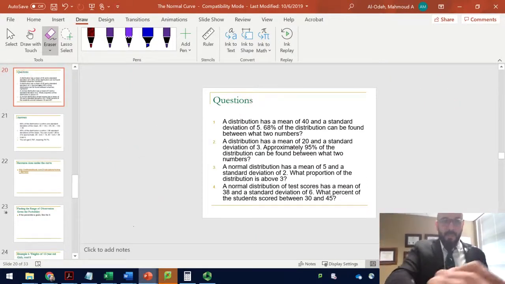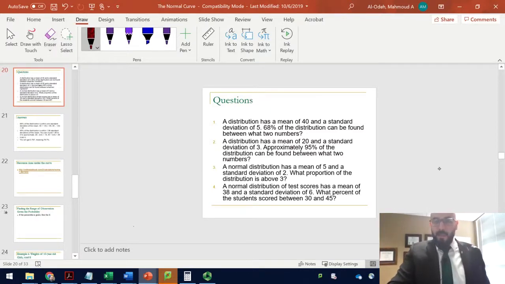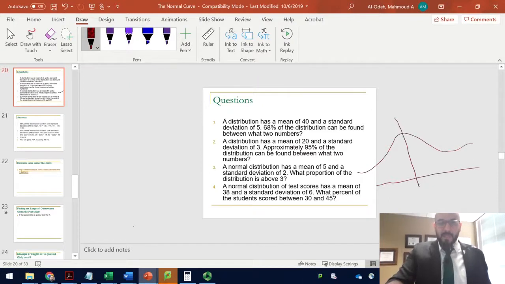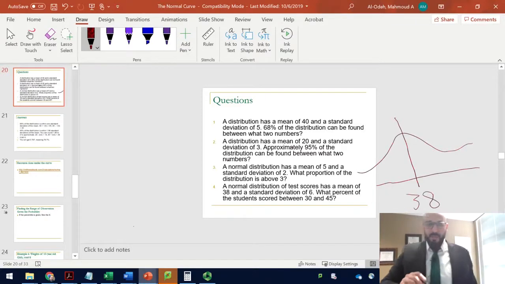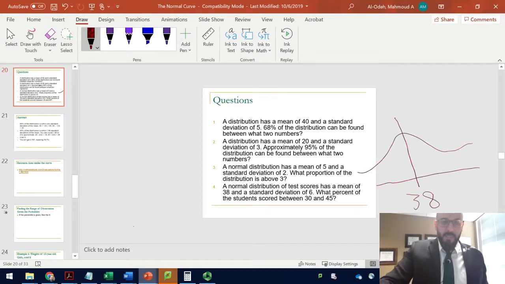Okay. First step, what you need to do is to create a rough draft of the normal distribution. The mean is in the middle, and we know from the question the mean to be 38. What we're trying to find is the percentage between 30 and 45.